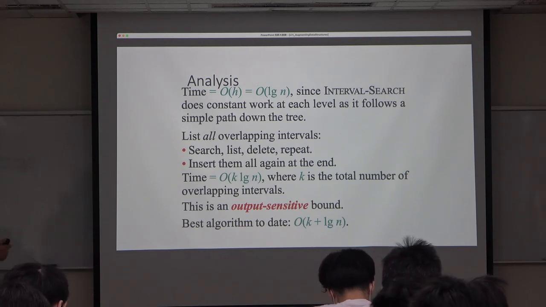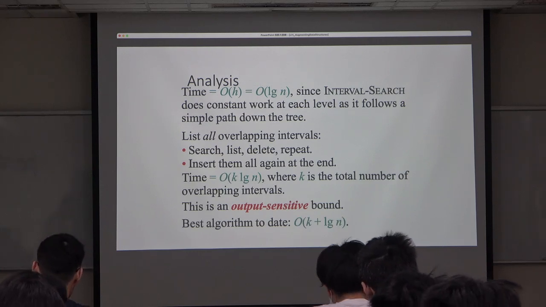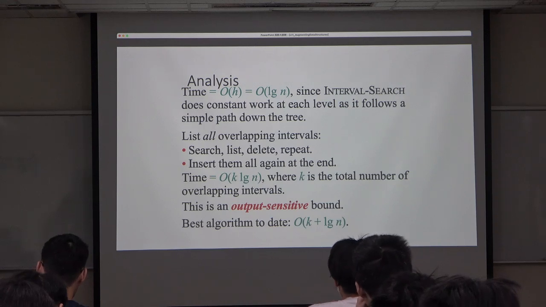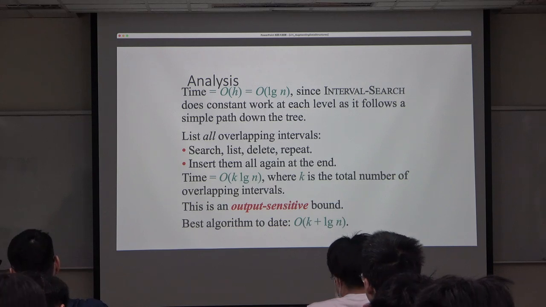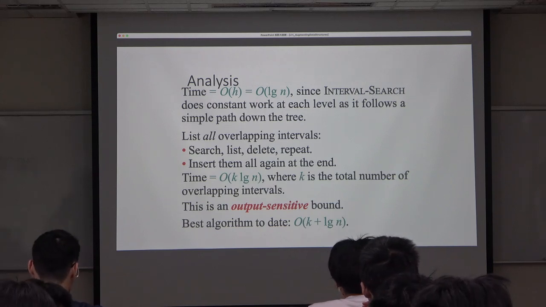It takes log n to find one interval. If you want to find all the intervals, after you get that interval, you delete it. The delete takes a log n operation as well, because it's basically a red-black tree. And then you do the search again.